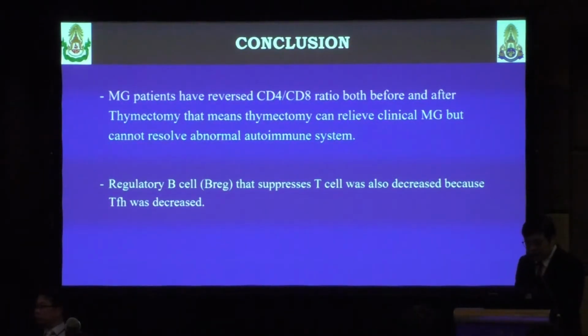So in conclusion, MG patients have a reversed CD4 to CD8 ratio both before and after thymectomy. That means thymectomy can relieve clinical MG but cannot resolve the abnormal autoimmune system of the patient. And regulatory B cell, which suppresses T cell, was also decreased because T follicular helper cell was decreased.